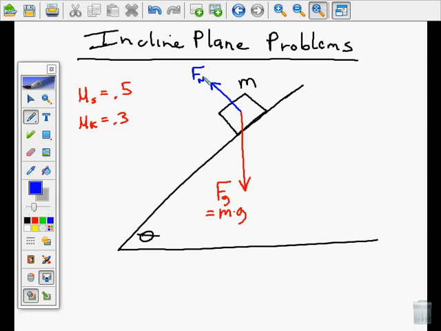And if the object wants to slide down the ramp, there's also a friction force acting this way. So those are the only three forces acting on that object.